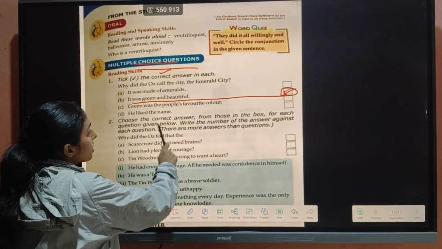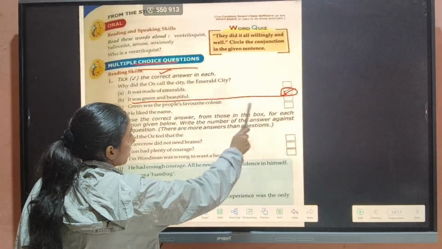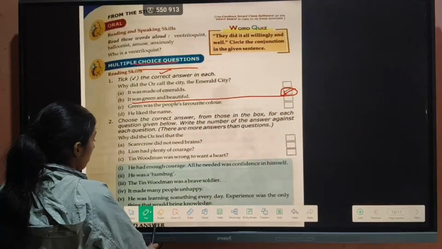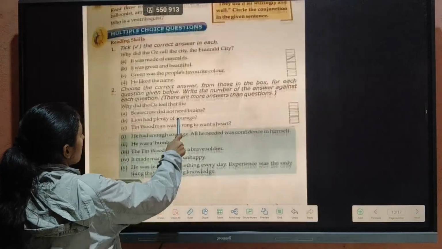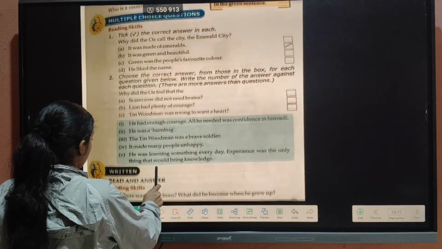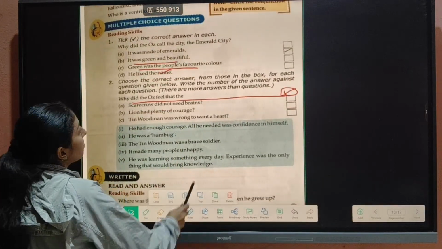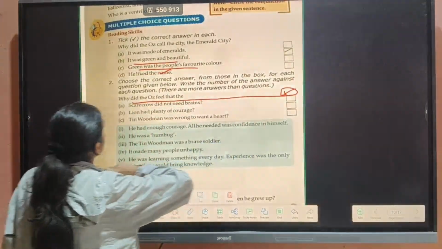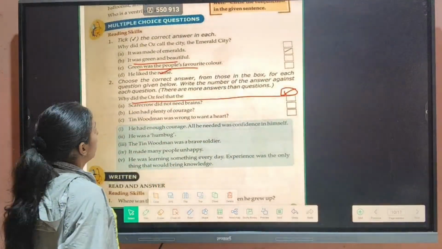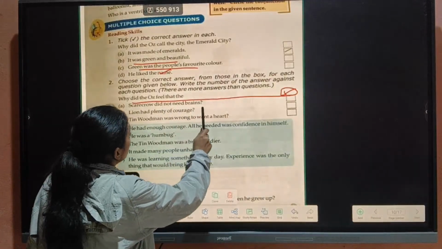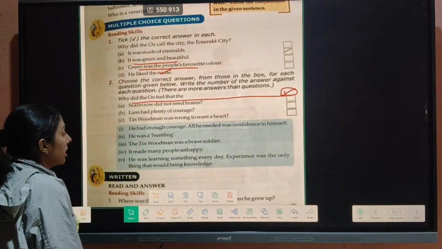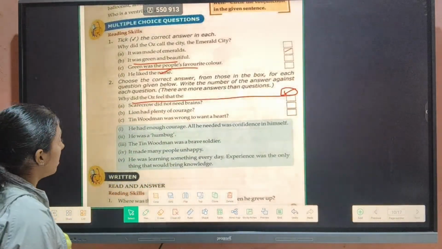Second beta, choose the correct answer from those in the box for each question given below. Here your options are given. You have to choose your answer from there. Okay? Write the number of the answer against each question. Scarecrow did not need brains. Why did Scarecrow not need the brain?